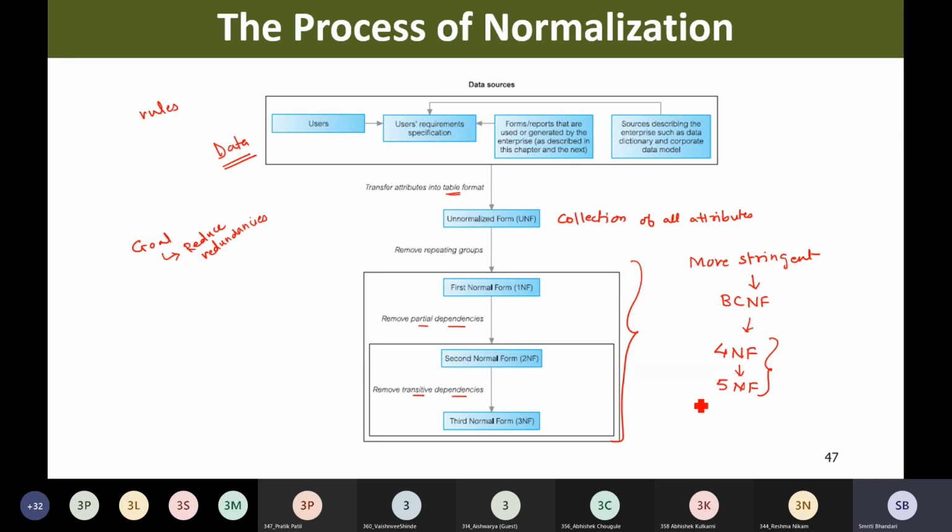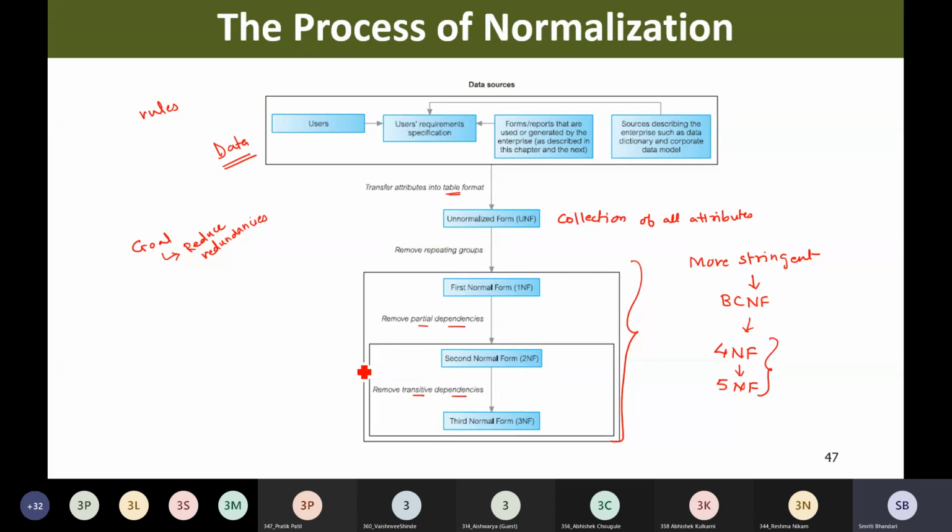Right? So normalization is often executed as a series of steps. Each step corresponds to a specific normal form. Every normal form is having some properties. And as we go or as we proceed with these steps, we will come up with more and more restricted forms of relations.